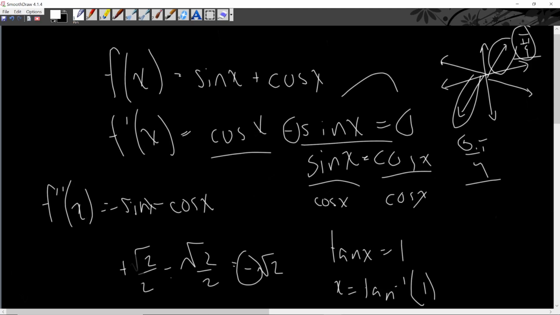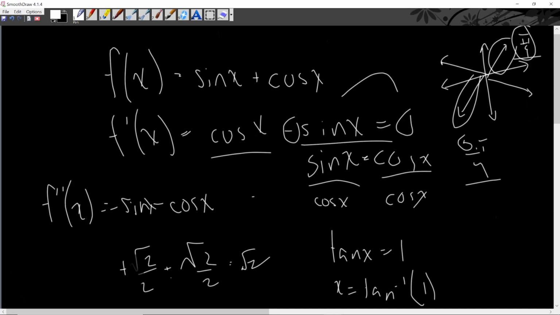So plus, and then cosine 5 pi over 4 will also be positive root 2 over 2. Or it'll be negative root 2 over 2, but negative and negative will cancel out. So now we have positive root 2, which means that the graph is concave up, which means that that will be a local minimum. Oh, wait, it's asking for local maximum. Never mind.